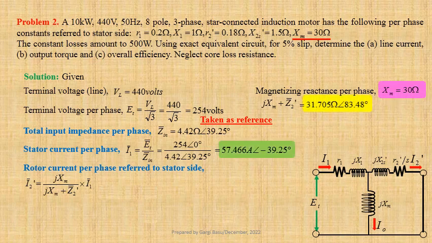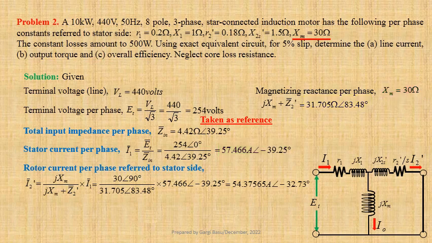Using values we get I2' equals 30 at an angle 90 degree divided by 31.705 at an angle 83.48 degree into 57.466 at an angle minus 39.25 degree. That gives us 54.37565 ampere at an angle minus 32.73 degree.